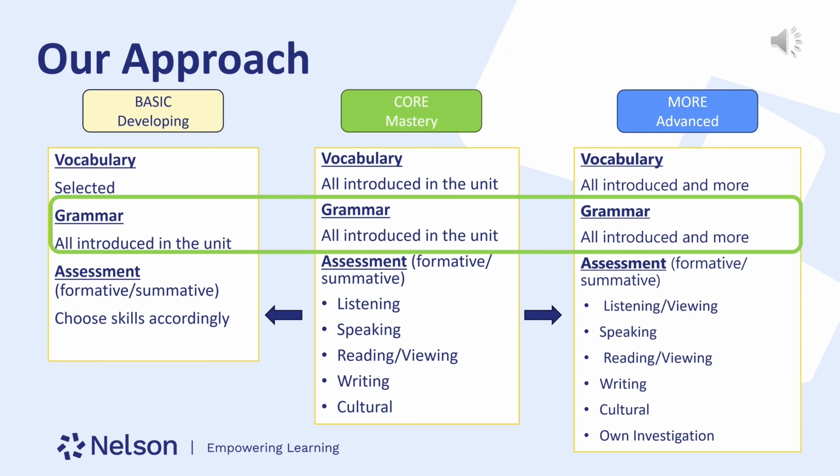For assessments, students at the basic level can be given selected tasks according to content covered and the time available for preparation and marking. At the more level, students complete the core assessment plus additional challenges to extend skills including higher order thinking and independent investigation.